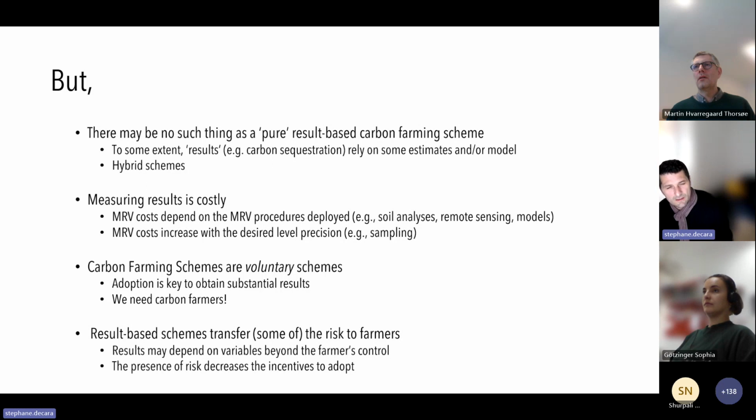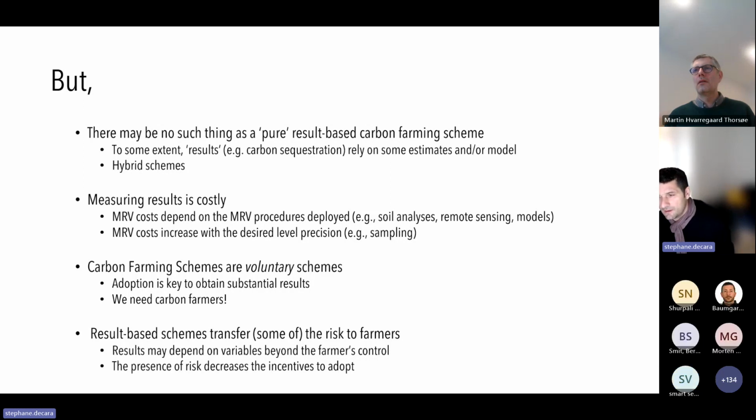So we do not only need fancy, super precise carbon farming schemes, we also need carbon farmers to achieve those targets and to contribute effectively to the mitigation targets. And since they are voluntary, we have to account for the incentives of farmers to join in. So that's an important part.